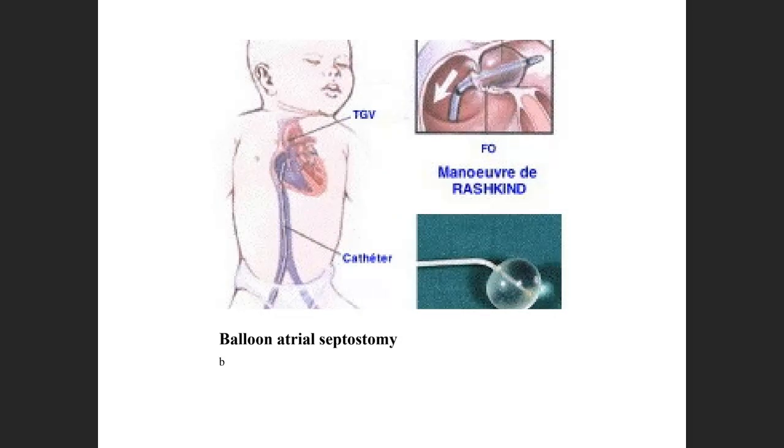Then the balloon is forcibly pulled back from the left atrium into the right atrium, where that big white arrow is shown in the diagram at the upper right. And below there, that shows the distended balloon used for atrial septostomy.